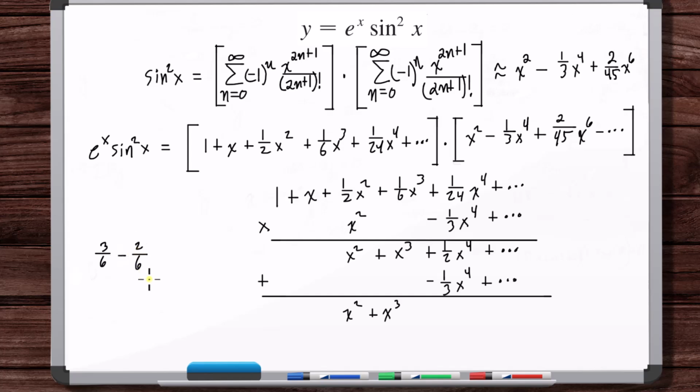So it's 1/6. Positive 1/6. So plus 1/6 x to the 4th. And that's it. So the textbook writes it, they just put approximately equal to, and they put the first three terms. But you could actually put equal to and just put the dot, but I'll leave it like this.